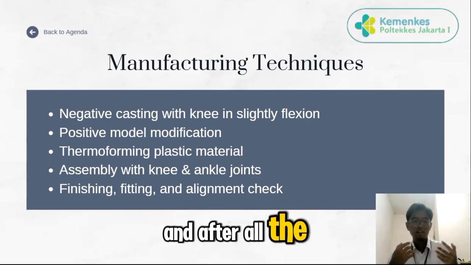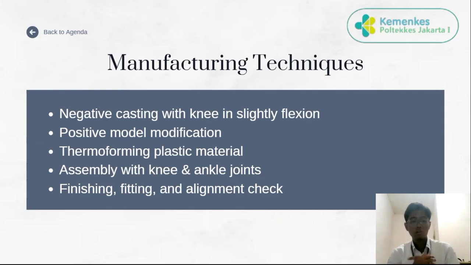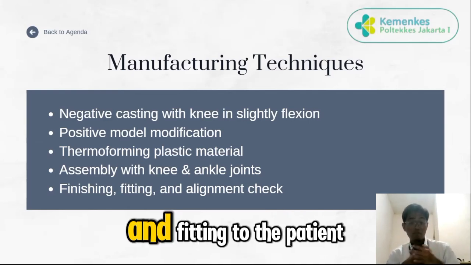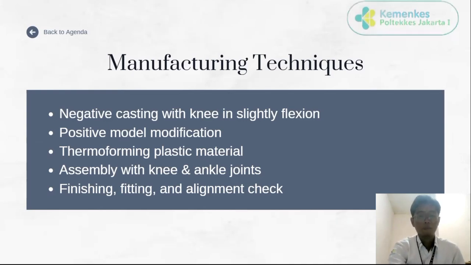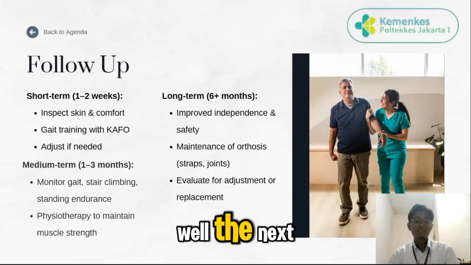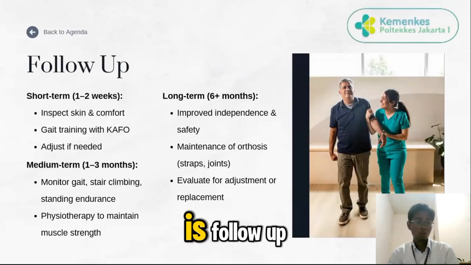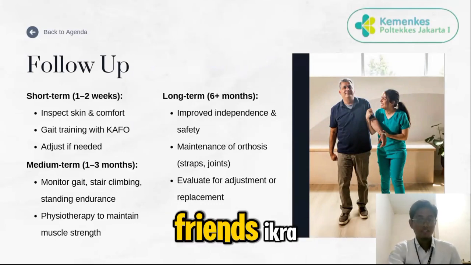And after all the process is going well, we will go to finishing and fitting to the patient and alignment check. Alright. Well, the next presentation, follow-up, will be presented by my friend Ikra.